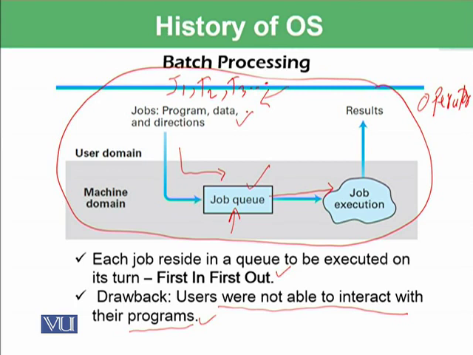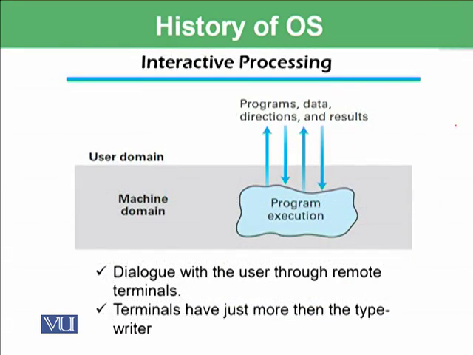However, if the user wants to enter the input at runtime, there is no possibility, because the user is not able to see what is going on within the computer, as all of these things are being handled by the operator. So to fulfill this drawback, there was a concept known as interactive processing.